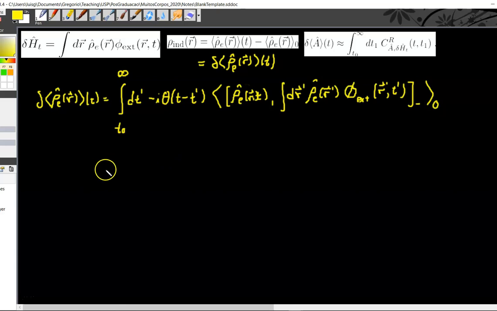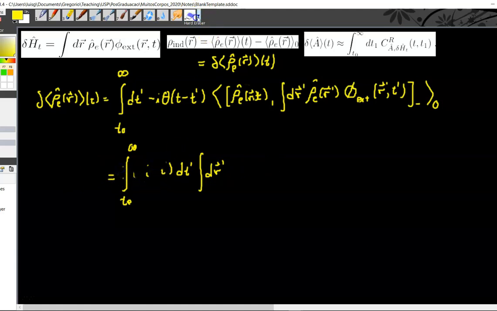All right, so again, let's do this. Let's put these two integrals here, t0, let's put this minus i here out of the way. There's going to be this theta of t minus t prime, there's going to be a dt prime here, and this integral in r prime.